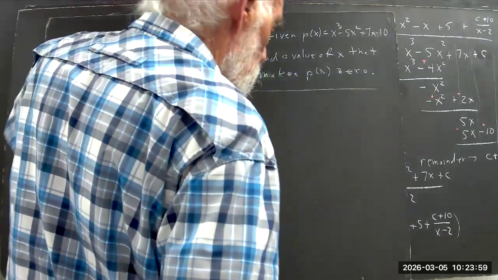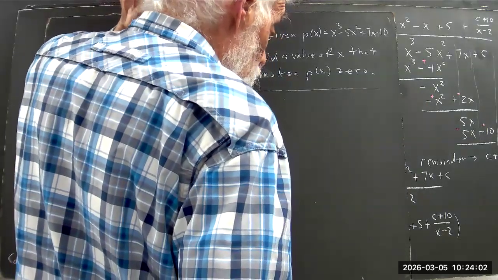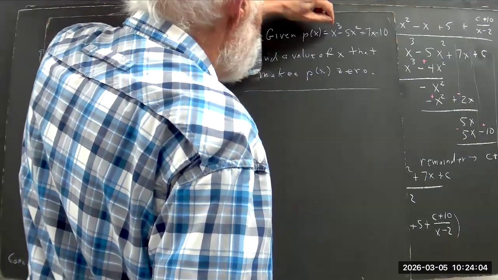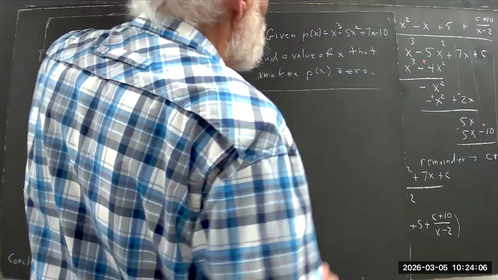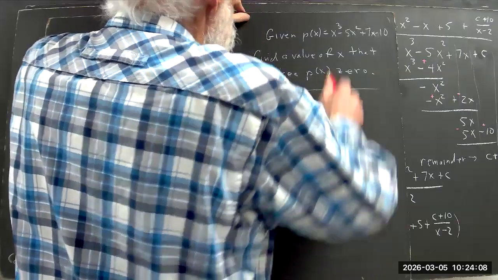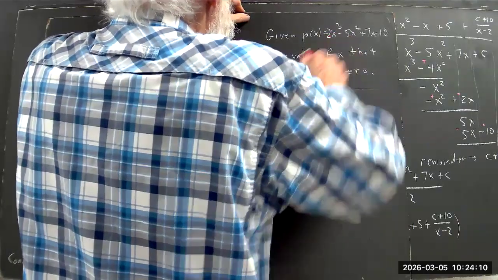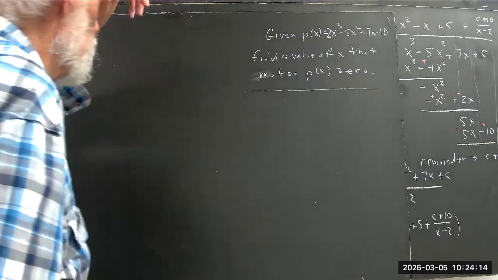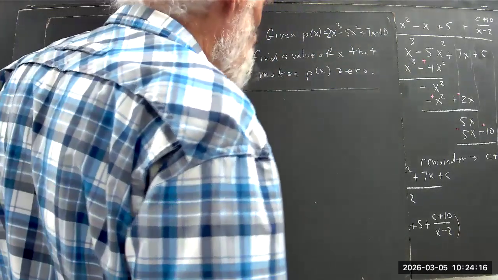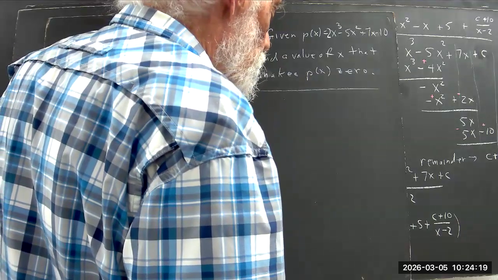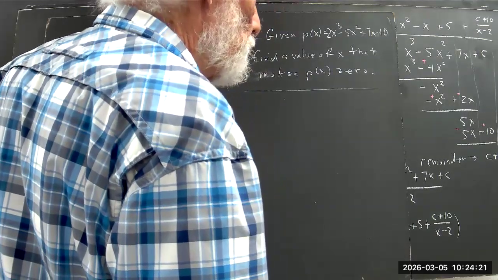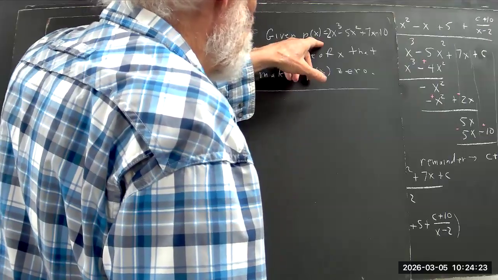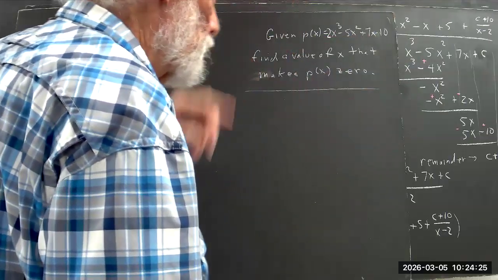There are numbers we can try. You should have a number whose numerator is a factor of the leading coefficient and whose denominator is a factor of the constant term.